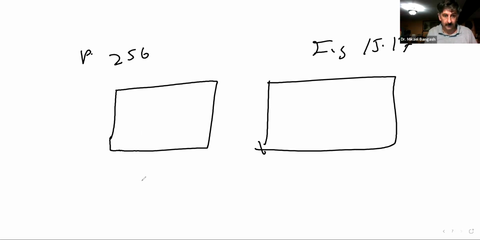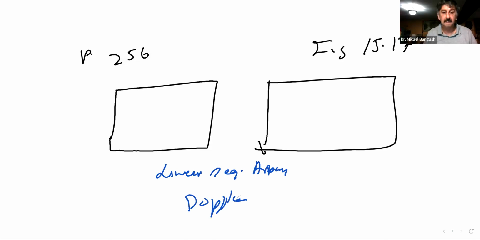The transducer used for this kind of study will be your linear sequential array. Now, what did I say about linear sequential array, especially when we use it for Doppler studies?